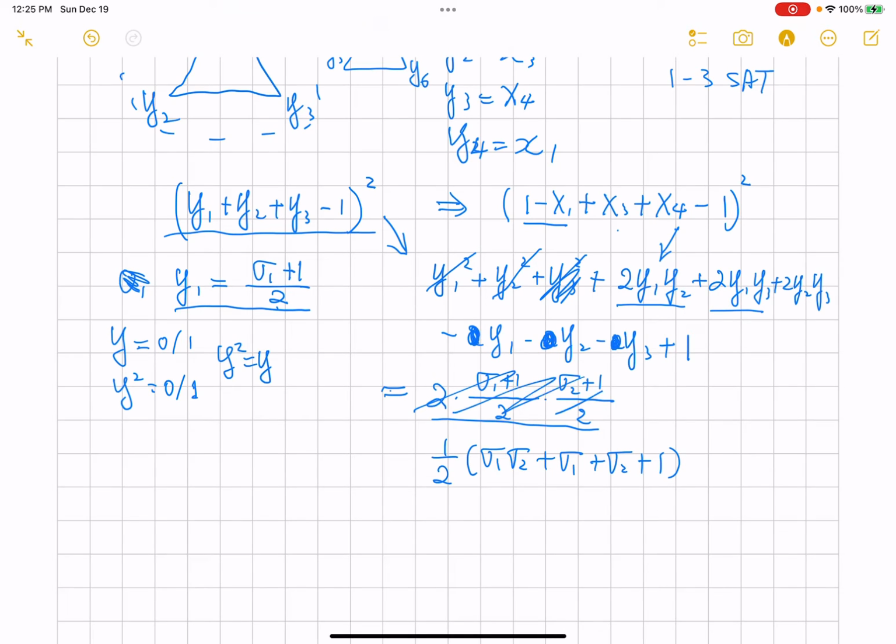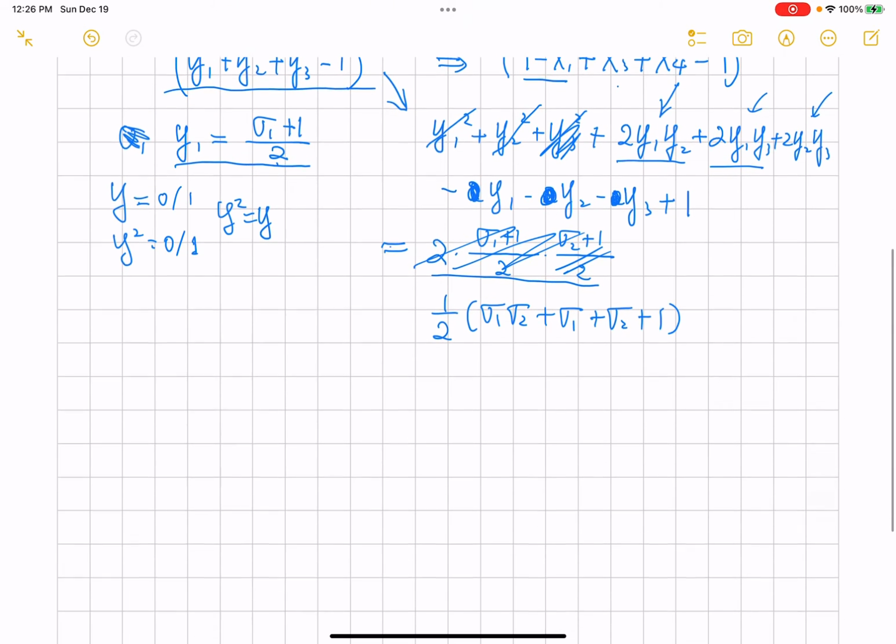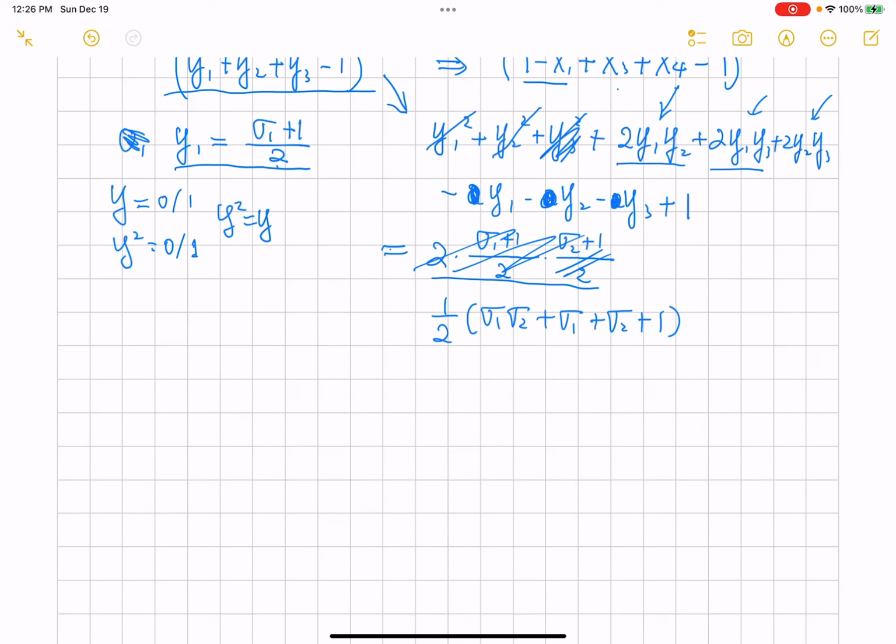I'm not going to use this. And this same thing applies to that, and then if I expand them all out, it would be 1/2 of a whole bunch of things, right? There will be sigma 1 sigma 2, a sigma 2 sigma 3, and a sigma 1 sigma 3. These are all the cross terms, right?